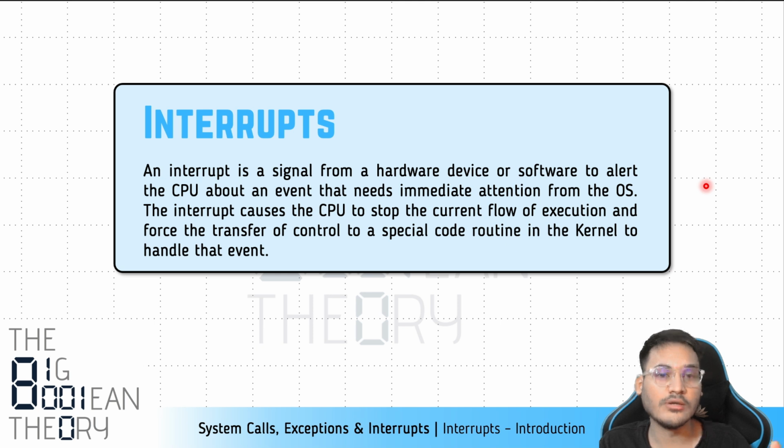The source of the interrupt was an event that needs immediate attention from the operating system, so once the operating system has the control, it will do whatever is necessary, because the event required some assistance or action from it. In that special routine, the operating system will perform that action in order to deal with that event. So this is what an interrupt is and how it is handled in the computer system.